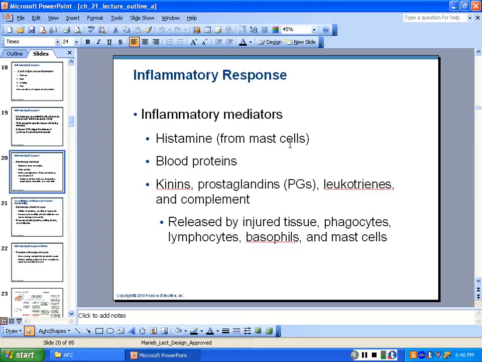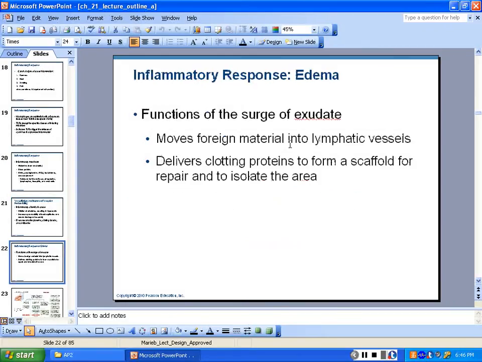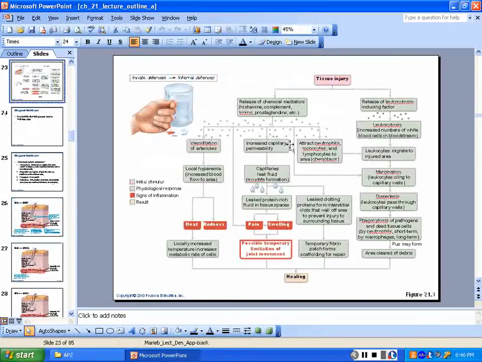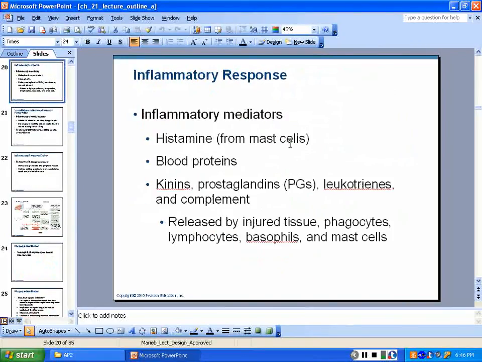There are 2 major things that histamine does. One of them is it increases capillary permeability. What does that mean? In this case, it means get out.